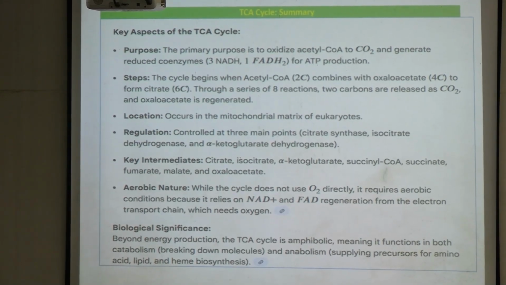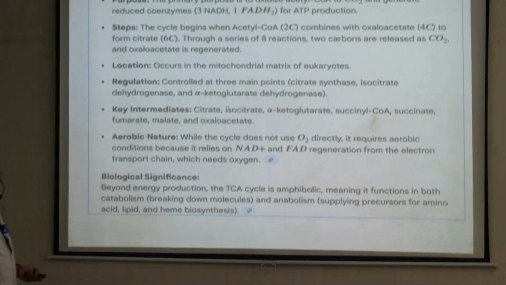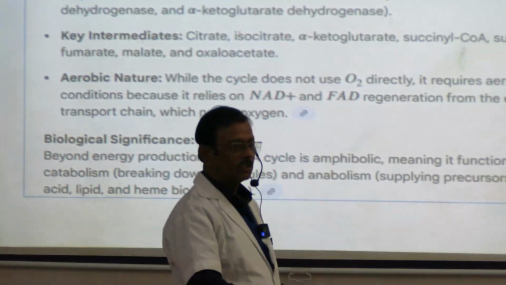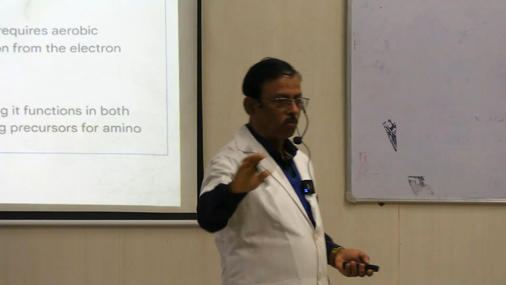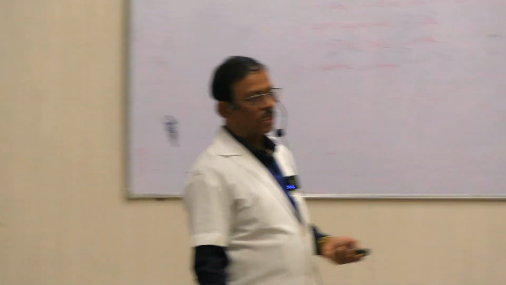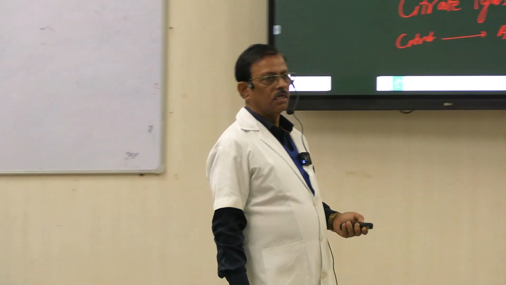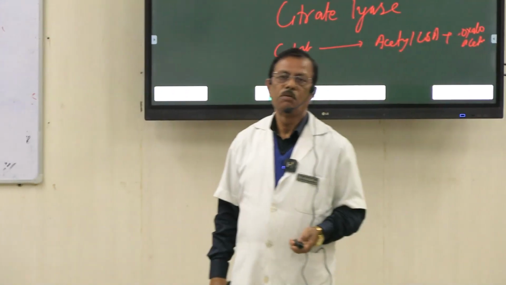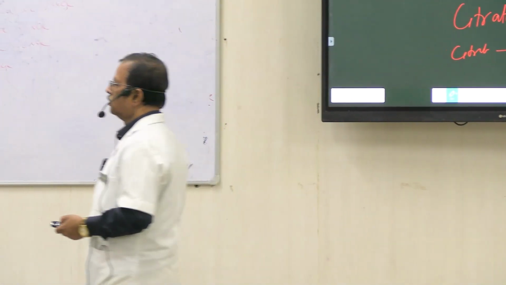So, we have seen so many pathways that open into the TCA cycle, and so many pathways that go from the TCA cycle to synthesize fatty acids, cholesterol, non-essential amino acids, purines, pyrimidines, all these things.